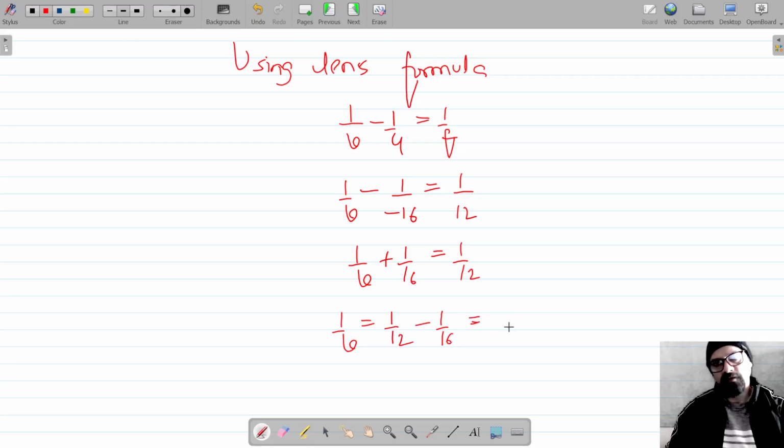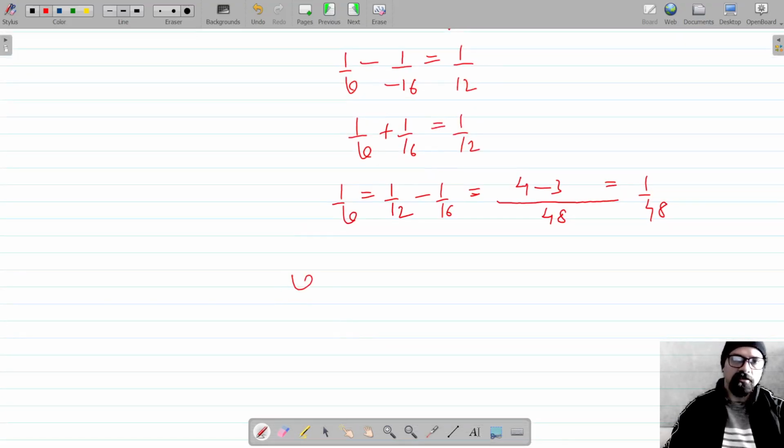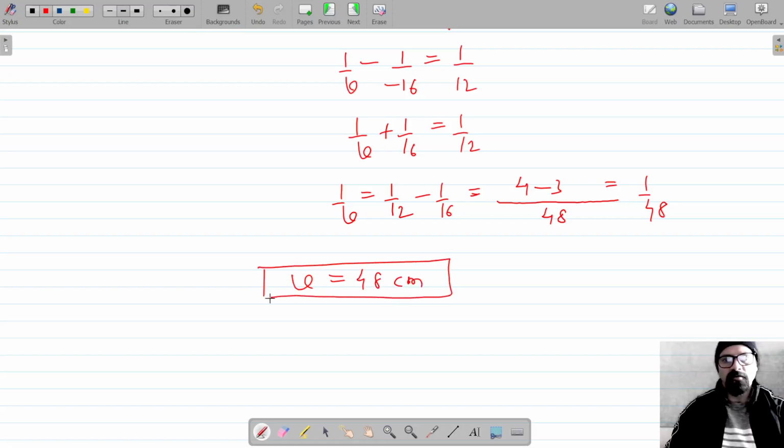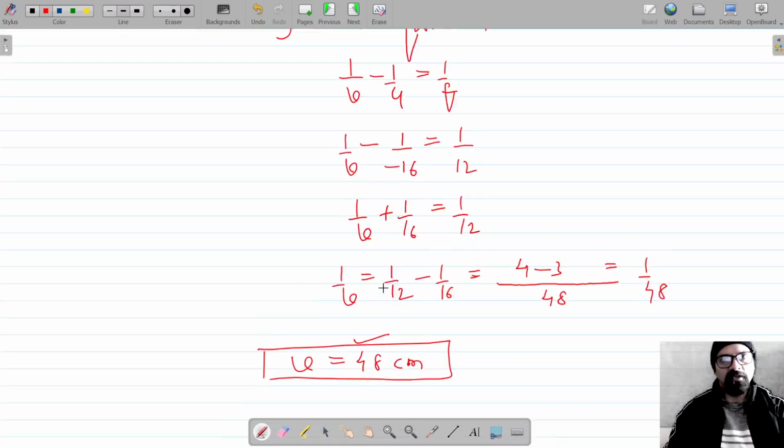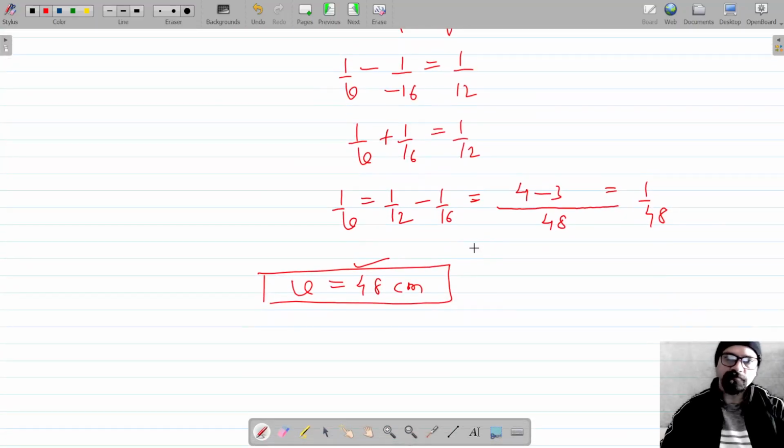The LCM of 12 and 16 is 48. This is 4 minus 3, which is equal to 1 by 48. This is not negative, this is 1 by 48. So V is equal to 48 centimeter, and plus means that it is behind the lens, at a distance of 48 centimeter from the lens, on the other side of the lens.